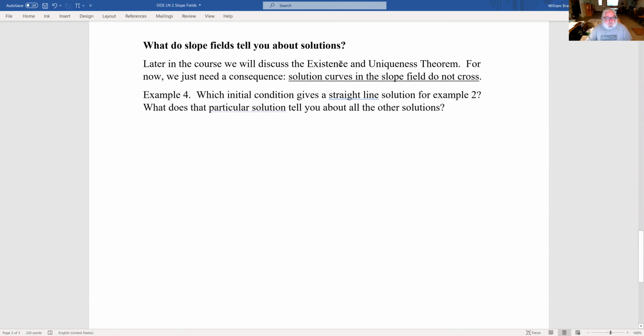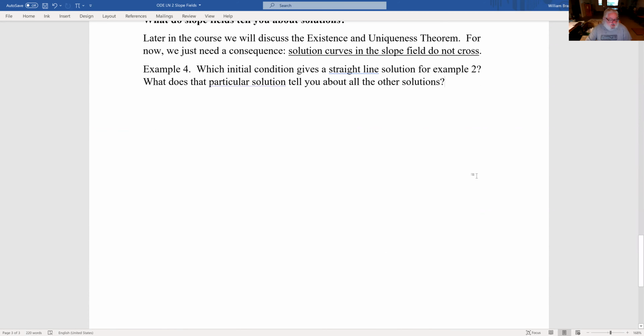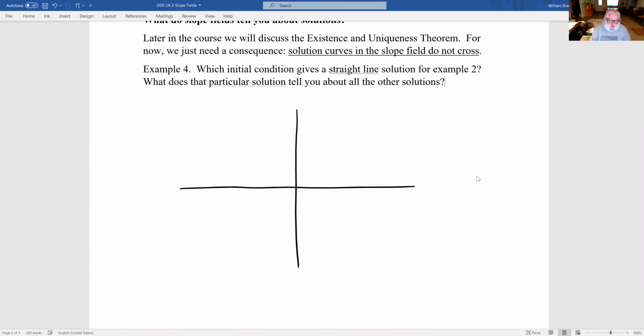What we know, we'll talk about existence and uniqueness later, is that when you have a slope field, the solution curves never cross, right? And so what we found in our slope field example from 2 was that we had this nice straight line solution.